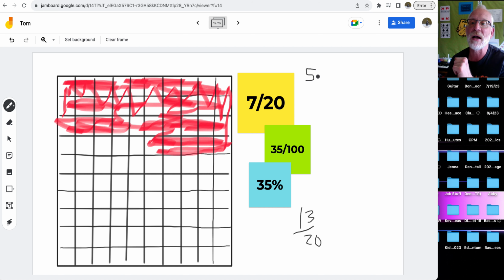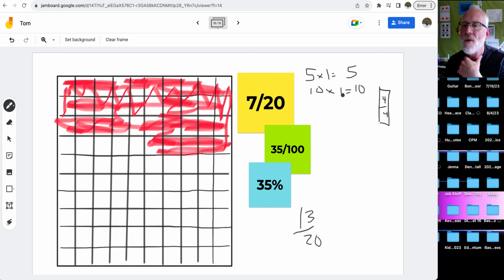So we can go 5 times 1 is 5, and you can go 10 times 1 is 10. And then we were also looking at any fraction, the big 1. You could say 4 over 4 is 1. So that's like saying 10 times 1 is like saying 10 times 4 over 4.